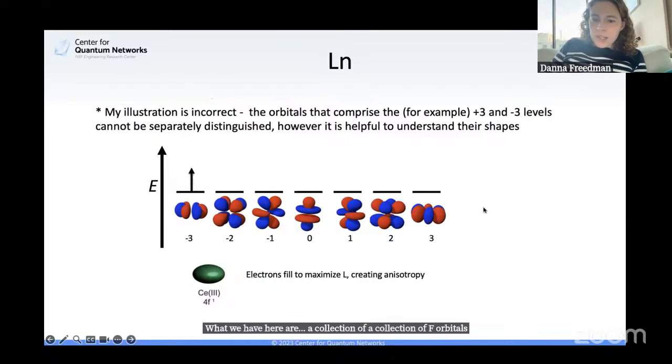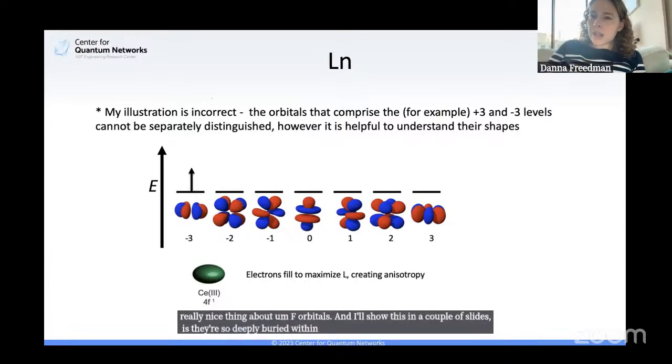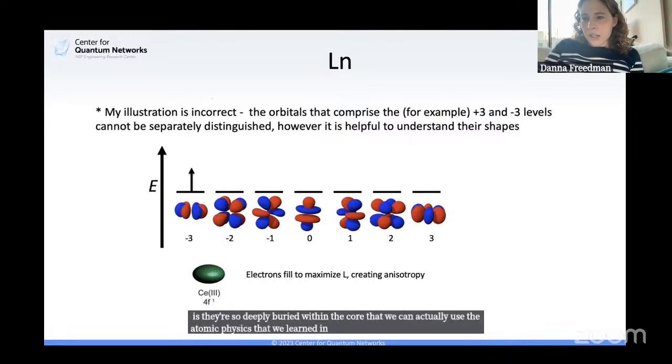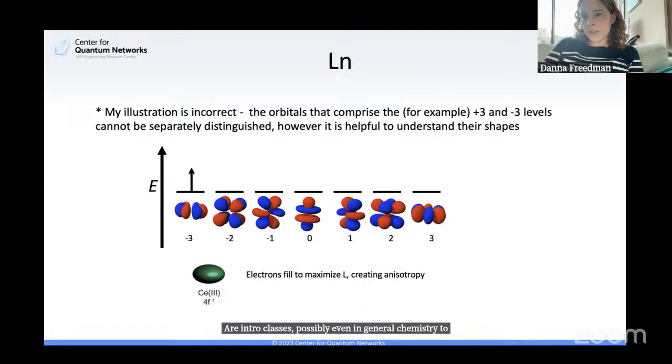Now, the really nice thing about f orbitals, and I'll show this in a couple of slides, is they're so deeply buried within the core that we can actually use the atomic physics that we learned in our intro classes, possibly even in general chemistry, to come up with their electronic configurations.